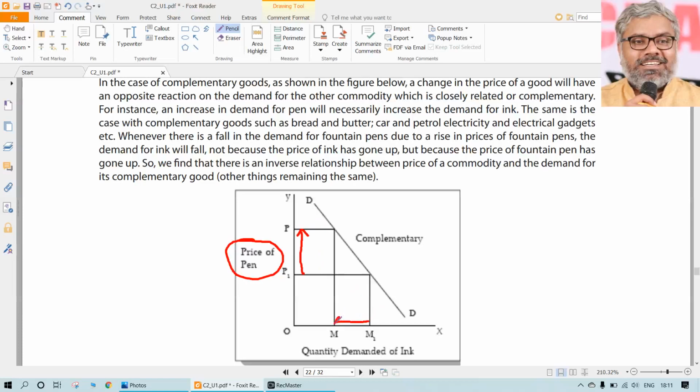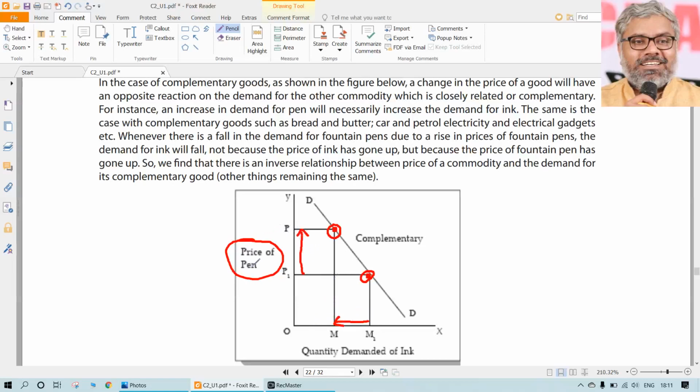The demand for ink decreased. Taking P1 as the first case, this is the point where the price was P1 and demand was M1, let us say. The price has increased from P1 to P. In that case, the quantity demanded of ink has reduced from M1 to M. There is a new point. So what happened here? Reverse relationship. When the price increases, demand decreases. Demand of what?